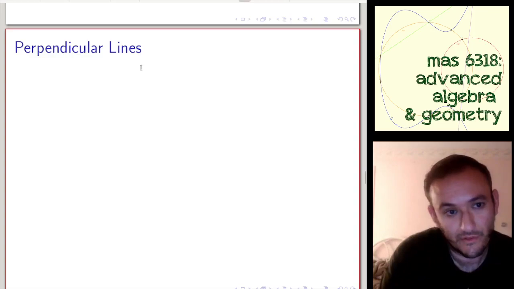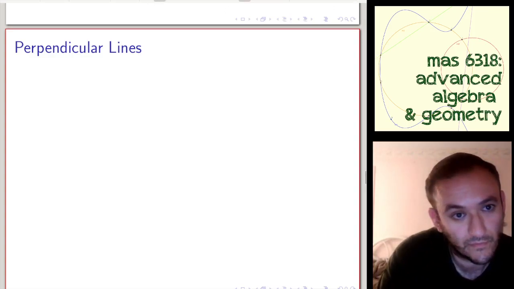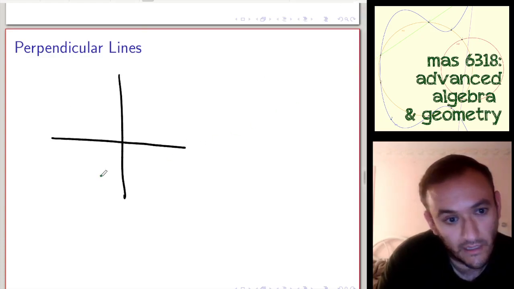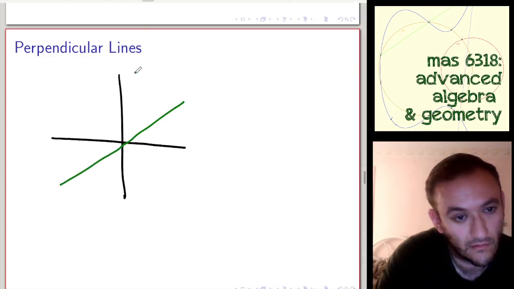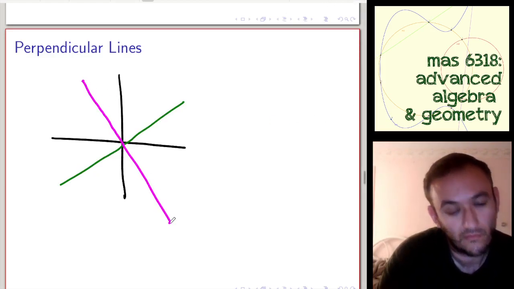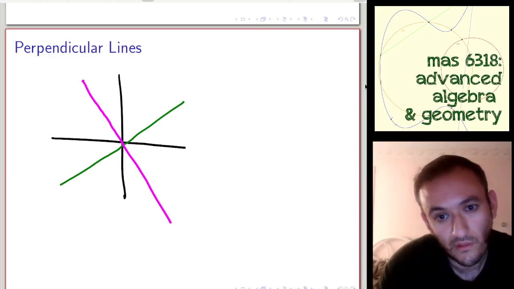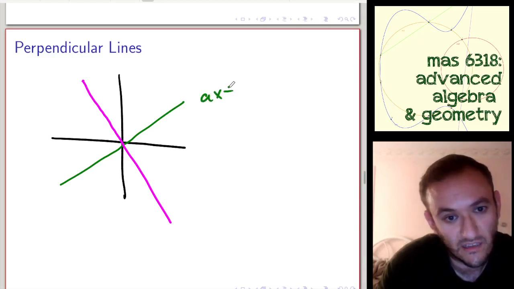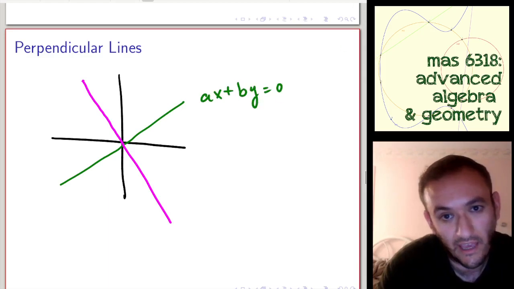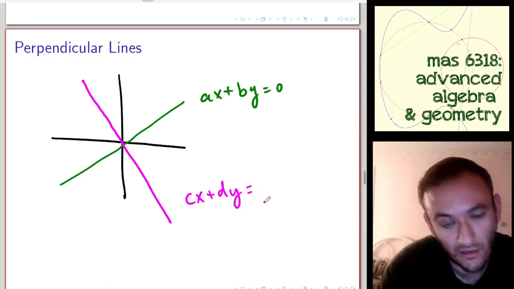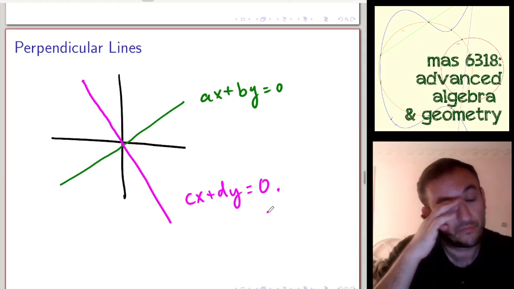So now what we're looking at is two lines passing through the origin, and we're trying to figure out if they're perpendicular. First of all, what do we know about these lines? We have ax plus by equals 0 and cx plus dy equals 0.